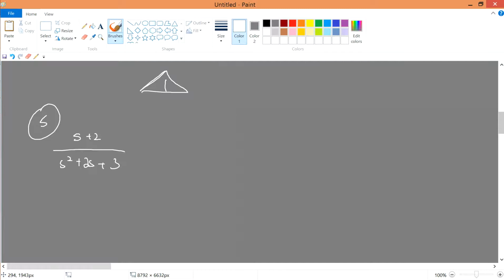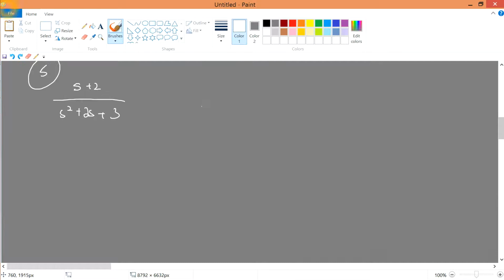The first thing I do normally for this type of question is that I write the same numerator as the same denominator. If I were to write that, s squared plus 2s plus 3. So a little while I thought that I had confused myself.